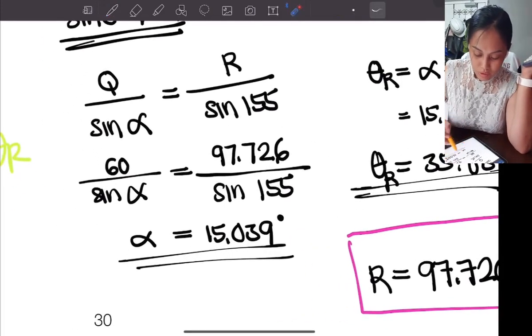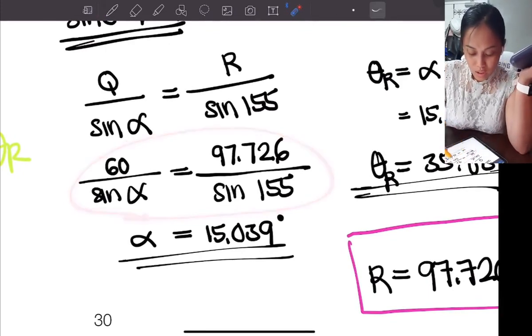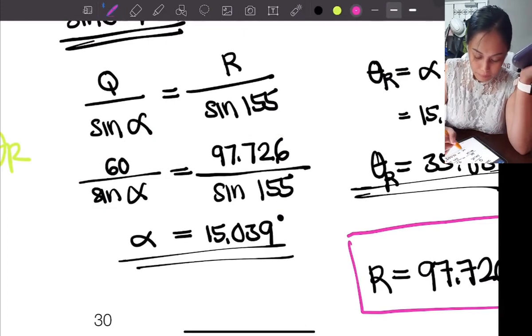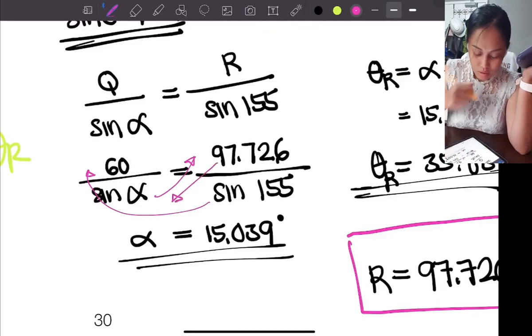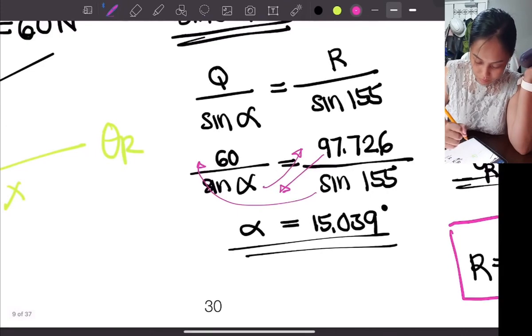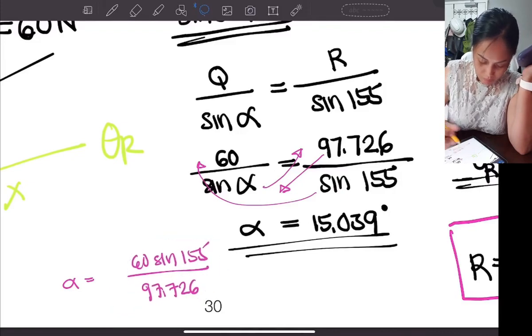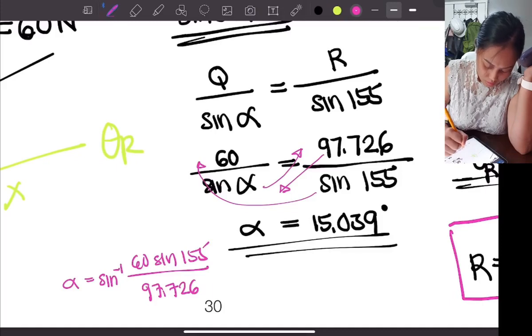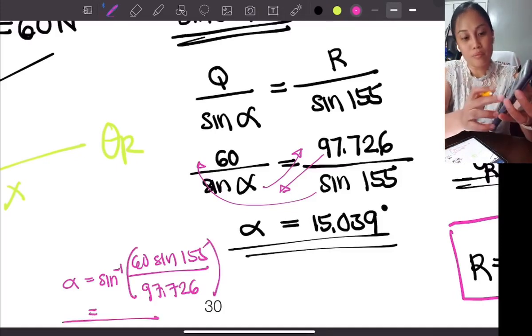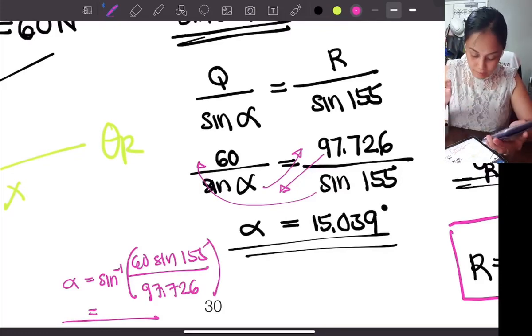If you cannot solve it directly, you can rearrange your equation. Move this up, and move this down, so alpha is equal to arc sine of 60 sine 155 over 97.726.